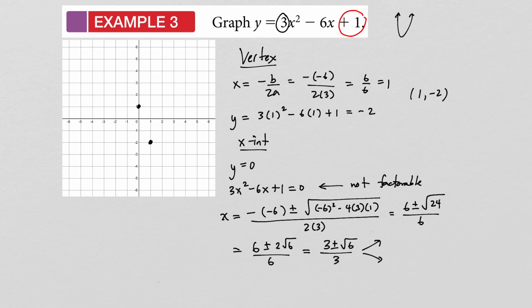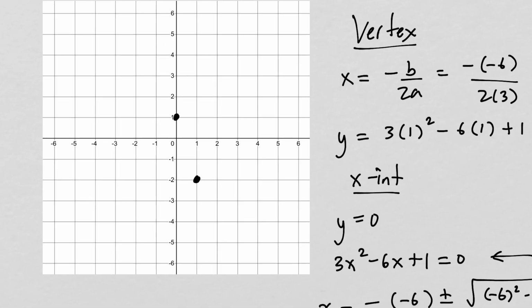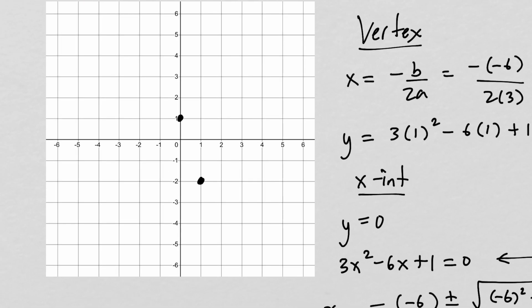So if you plug this into a calculator, 3 plus the square root of 6 divided by 3 is going to be approximately 1.8, and 3 minus the square root of 6 divided by 3 is approximately 0.2. So if you graph these, that means that you have an x-intercept at about 0.2 and at about 1.8.